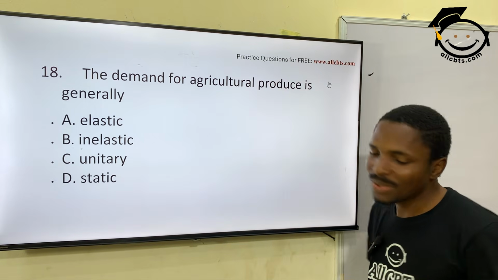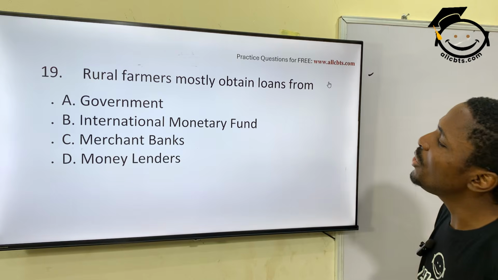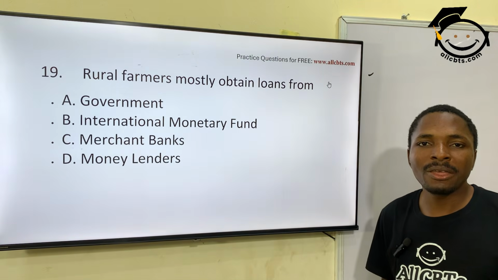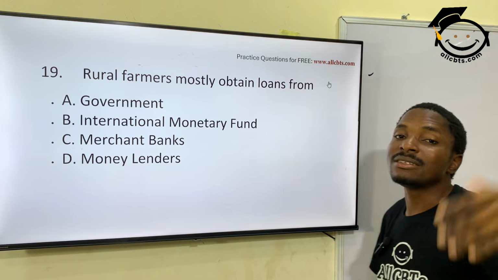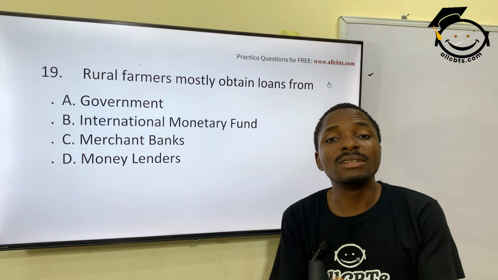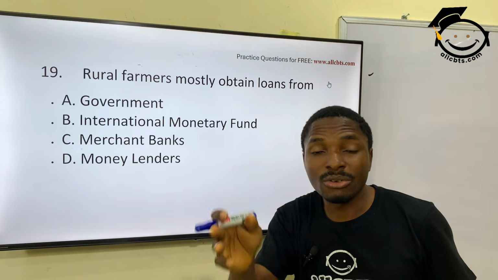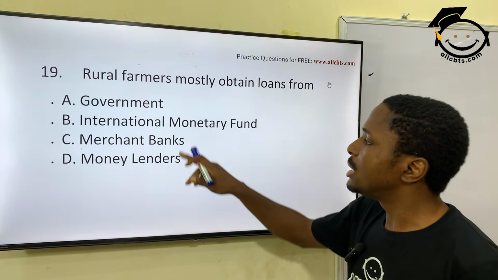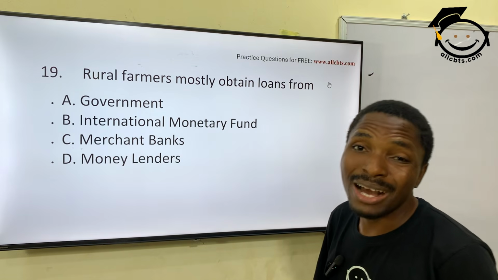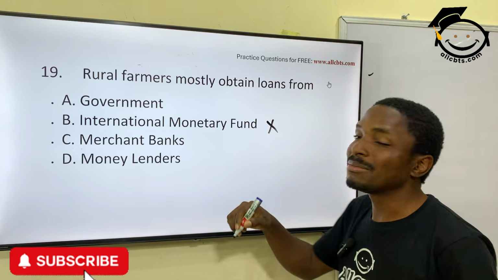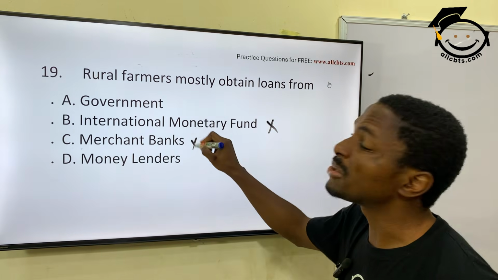Let's continue. Question 19. Rural farmers mostly obtain loans from where? Who are rural farmers? Farmers in the village. Where do they get money to do their business? Is it from government? No, government doesn't even have time. They don't even see most of them. International Monetary Fund, never. How would they see them? Merchant banks don't give them loans most of the time.